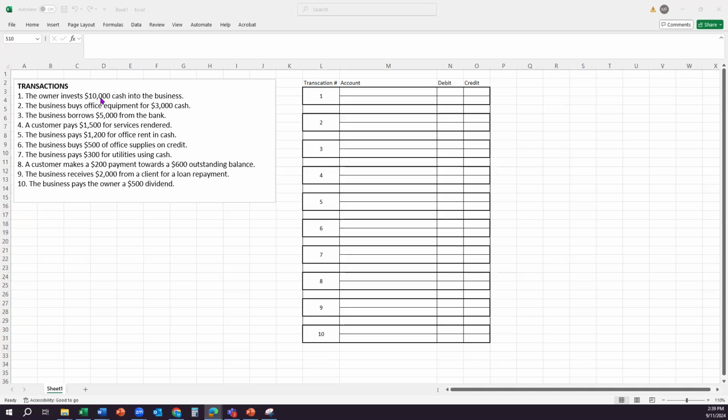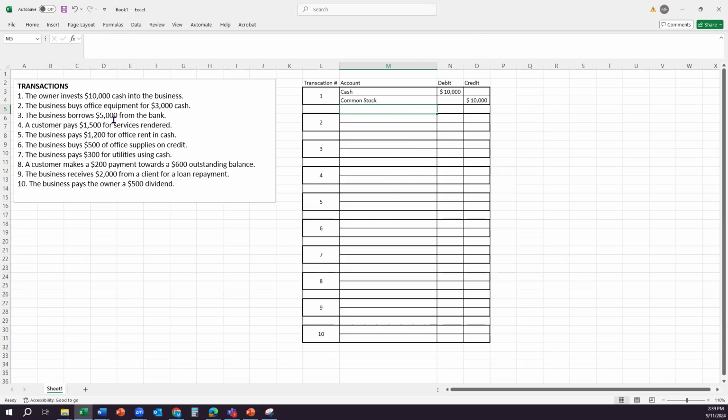When assets increase, they're increased with a debit. When common stock accounts increase, they're increased with a credit. Then I'm ready to make my entry. I'll debit cash and I'll credit common stock, which really just means money put into the business by the owners. And you can see I've got a debit and a credit, and they equal each other.